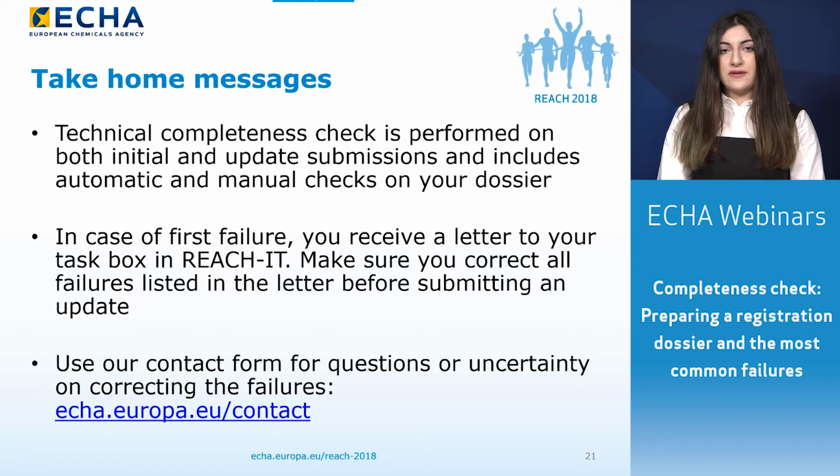In case of the first failure, you receive a letter to your ECHA task box, which addresses the failures and instructions on how to correct them. At this point, please make sure to correct all the failures listed in the letter before submitting an update of your dossier. And in case of any questions or uncertainty on correcting the failures, please use our contact form.